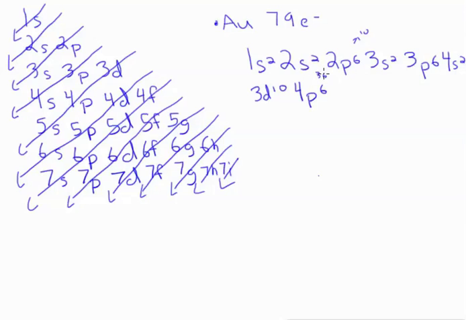After 4p, we follow that arrow, we have 5s. So 5s2. After 5s, 4d. So now I have 38, 48, still not there. After 4d, we go to 5p.